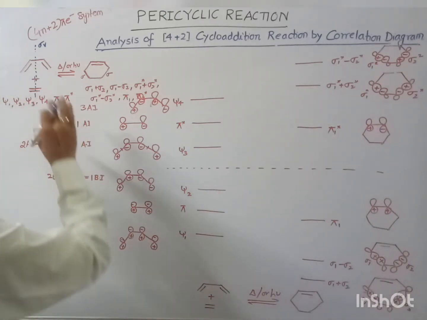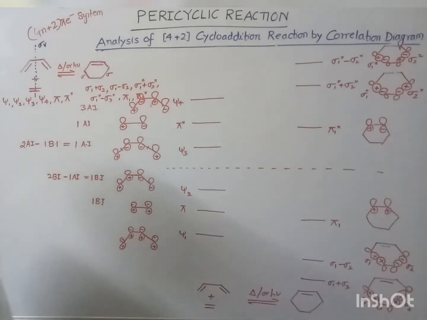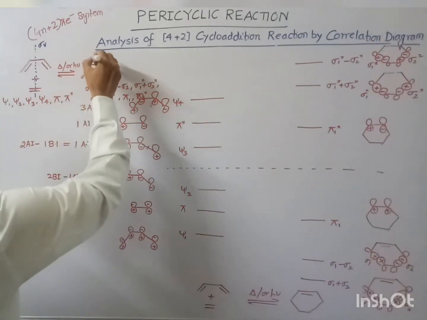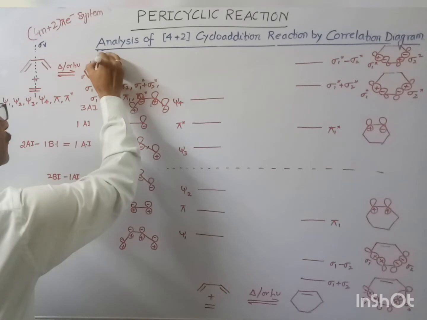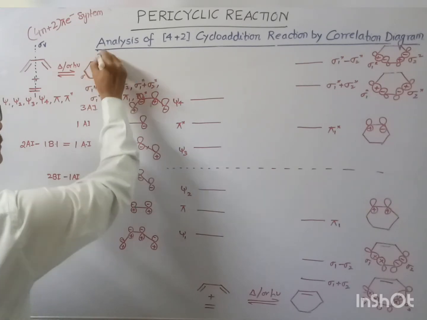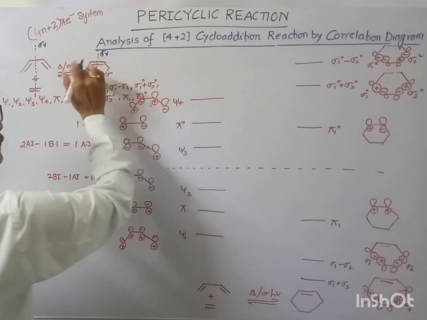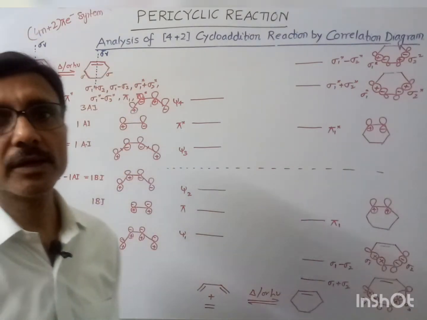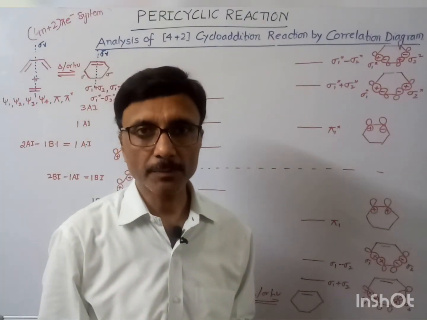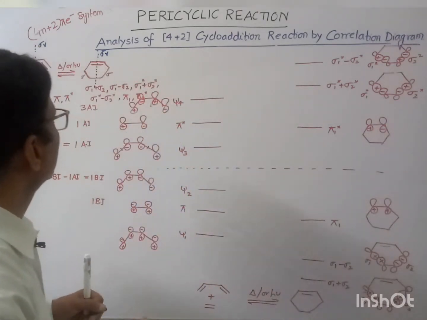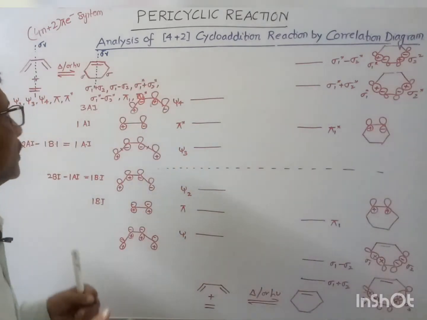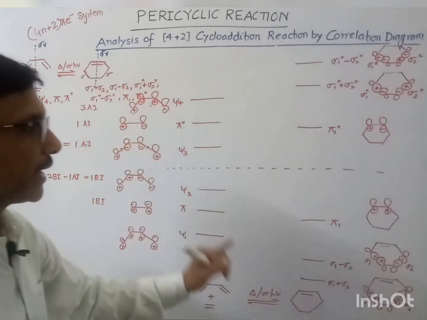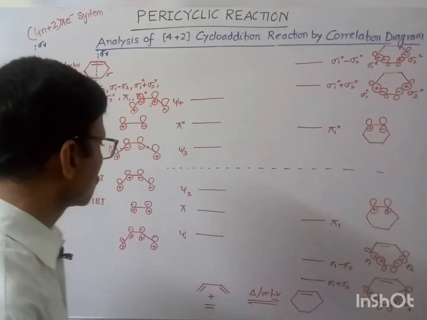That's why only the vertical mirror plane symmetry is present in the reactant. In the product also you will find only a vertical mirror plane, and if I draw a horizontal mirror plane over here, this will not have any horizontal mirror plane. So here we should only check the vertical mirror plane in the reactant orbitals and the product orbitals.